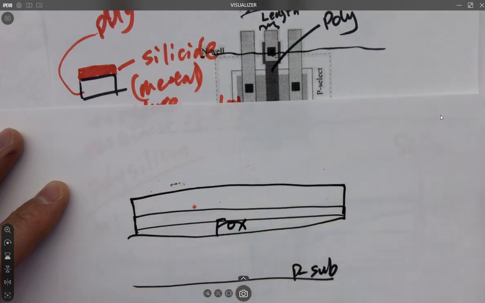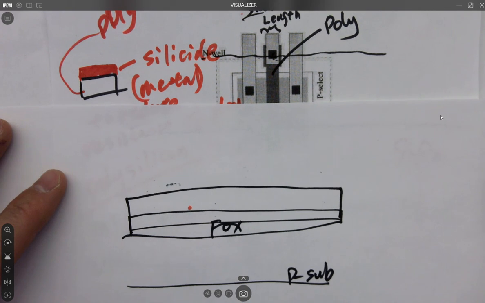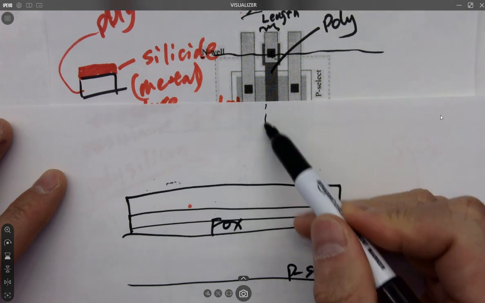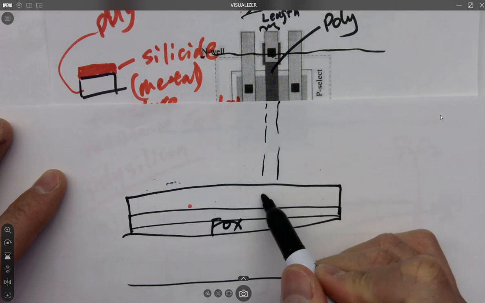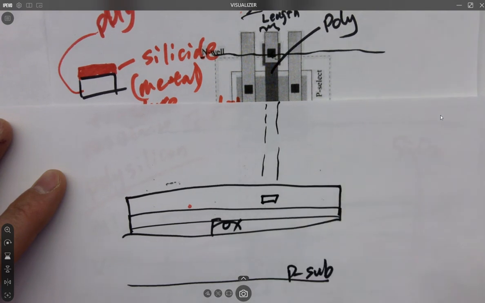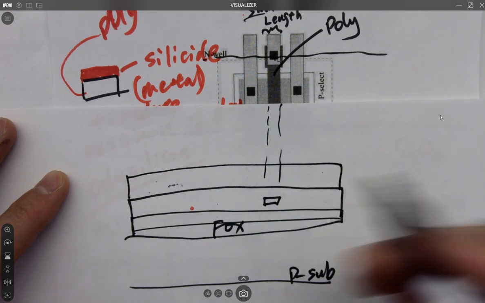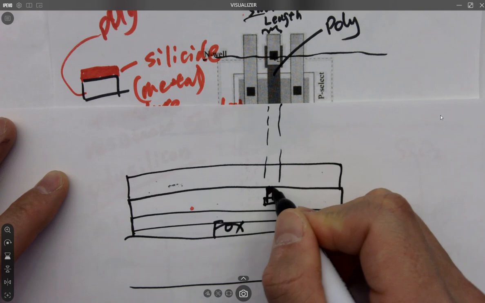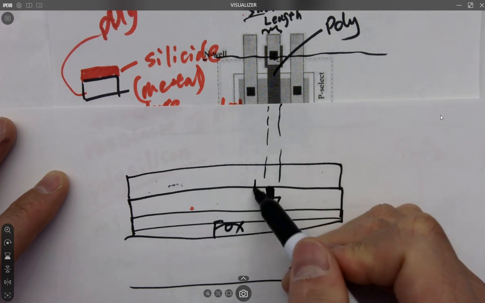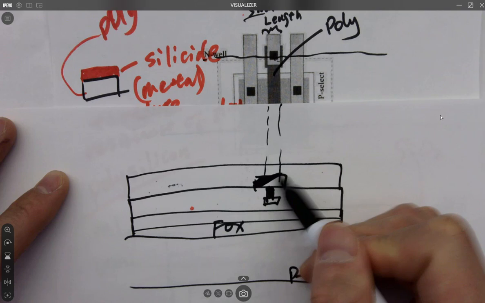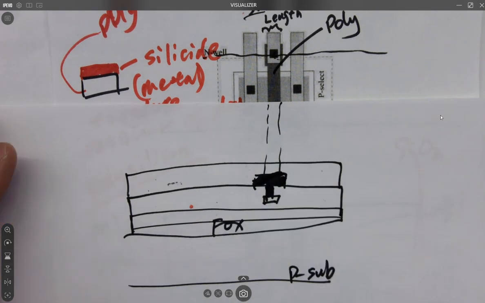Do you have poly? Yes. This is poly. There will be a poly layer. Do you have metal 1? Yes. Boom, boom. Via, metal 1. Okay, that's it.